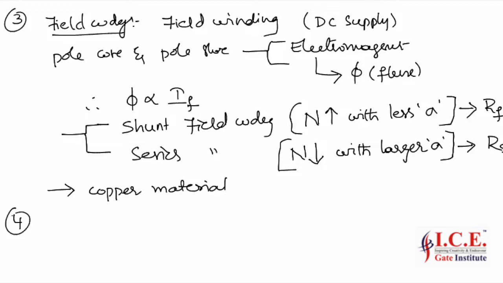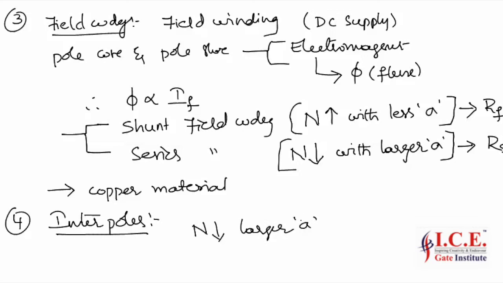The fourth part to be discussed is interpoles. The interpoles are the small poles which are located in between the main poles, and the winding placed on these interpoles is the interpole winding, which should have a few number of turns with larger cross sectional area in order to carry the load current.